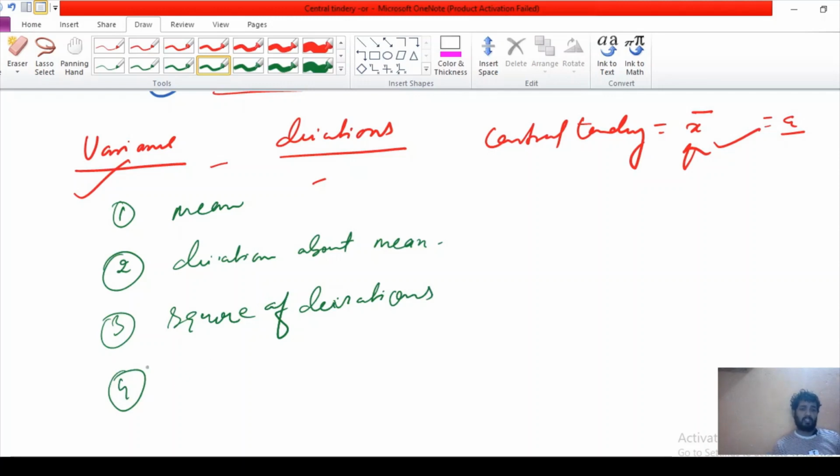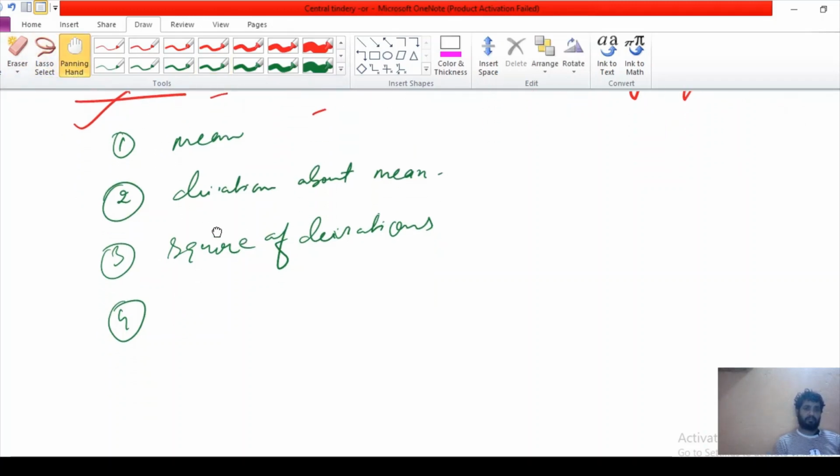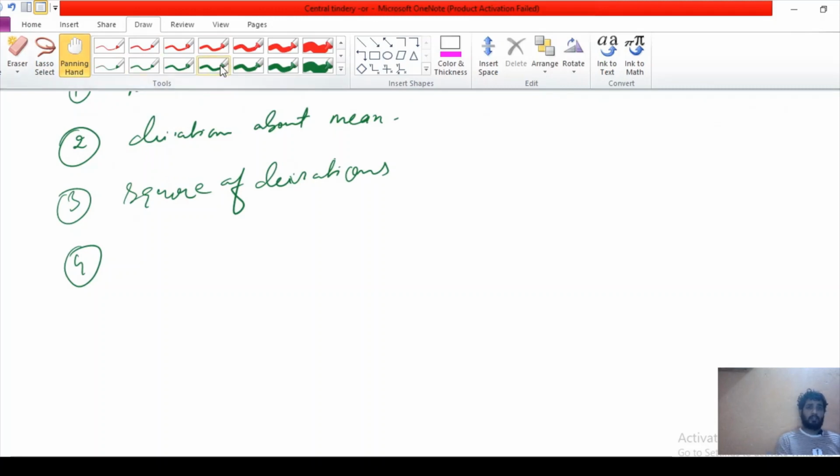And the last one is what? Just squaring of all deviations, that is (x minus x bar) whole square.